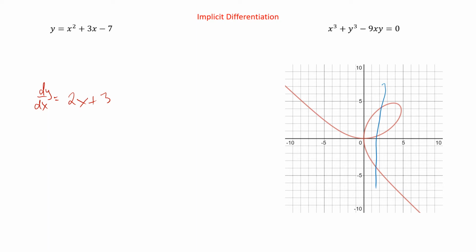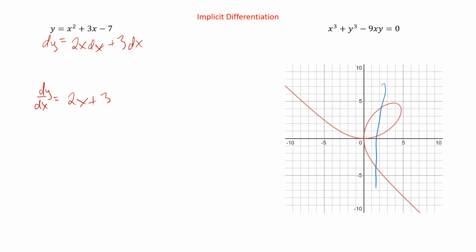For example, the derivative of y is just dy, right? Then it equals x squared. Well, that's going to be 2x times the derivative of x. That's a little bit of chain rule going on there. Plus 3x would be plus 3 times the derivative of x, and then minus 7, that's a constant.